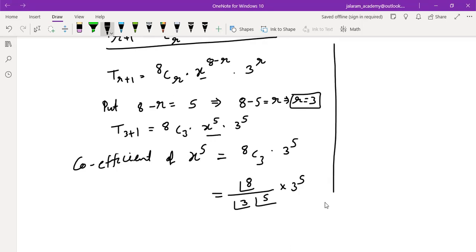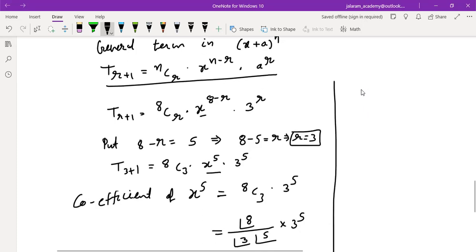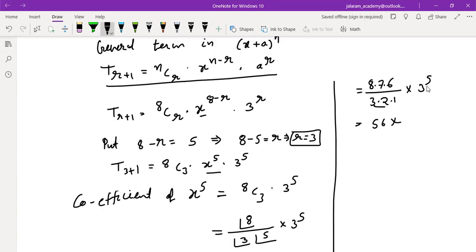That is 8 into 7 into 6, the factorial 5 is cancelled out, over the denominator 3 into 2 into 1, into 3 to the power 5. The 3 times 2 is 6, which also cancels out. 8 times 7 is 56, into 3 to the power 5. 3 threes are 9, 3 nines are 27, 27 times 9 is 243.